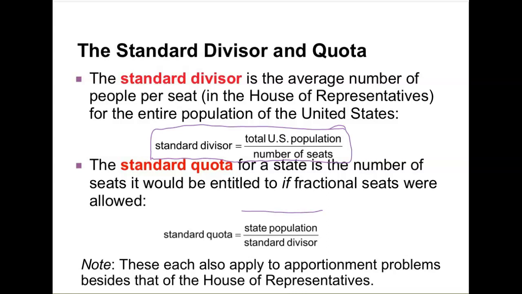And then the other thing you need to write down is this. The standard quota. Each state has a different standard quota. You take the state population and you divide it by the standard divisor.